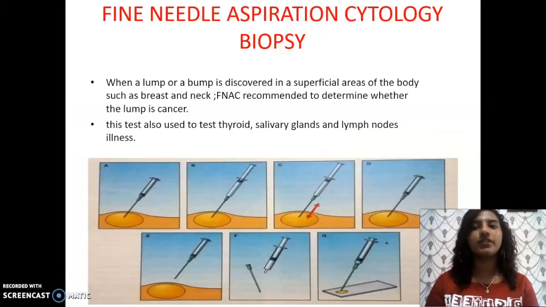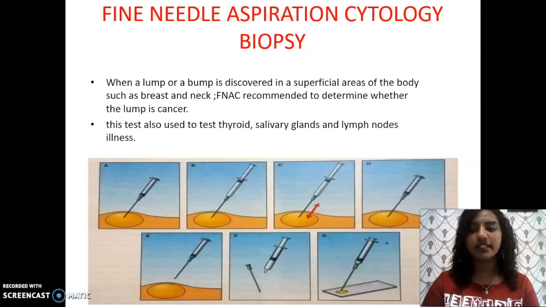Now moving on to fine needle aspiration cytology biopsy. When a lump or a bump is discovered in a superficial area of the body, such as breast, neck, fine needle aspiration cytology is recommended to determine whether the lump is cancerous. This test is also used to test thyroid, salivary glands, and lymph node illness.